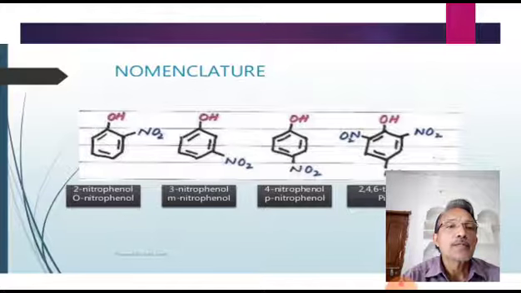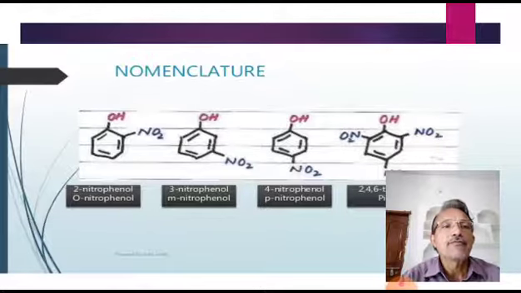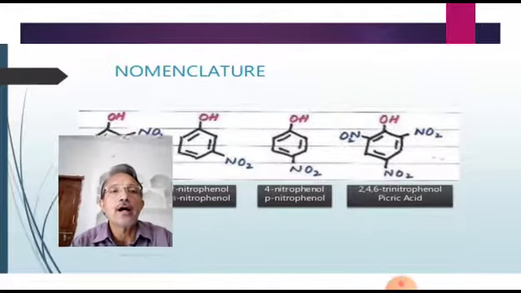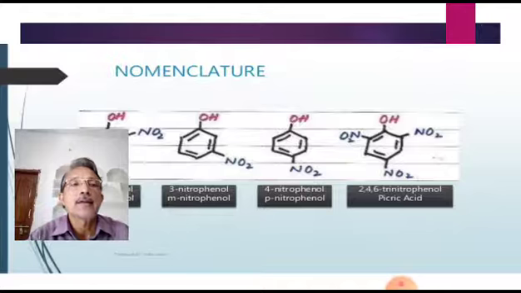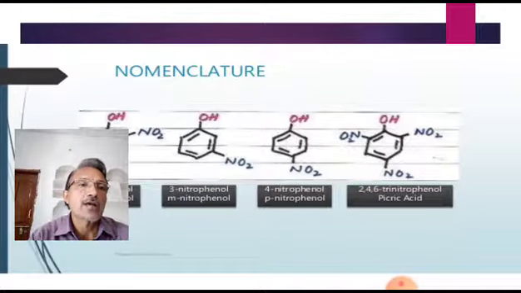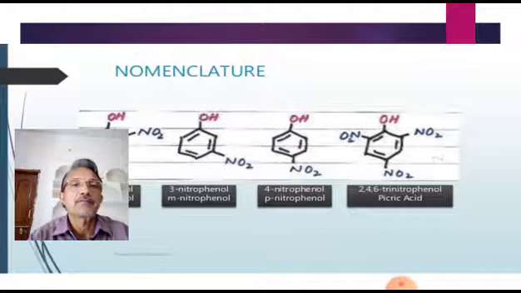If at the para position, paranitrophenol or 4-nitrophenol. If NO2 groups are found at both ortho and para positions, we call it 2,4,6-trinitrophenol. The common name of 2,4,6-trinitrophenol is picric acid.